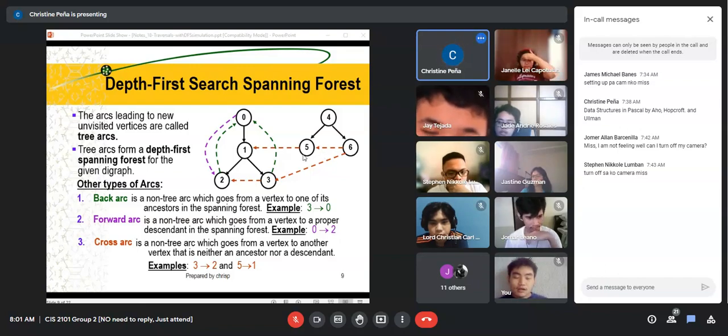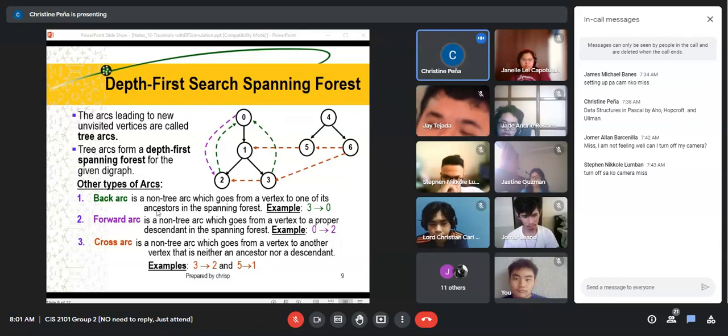So 6, 5. 5 is not an ancestor of 6, nor is 5 a descendant of 6. They can be siblings, but not ancestor, not descendant. So 5, 1. 1 is not an ancestor of 5, nor is 1 a descendant of 5.